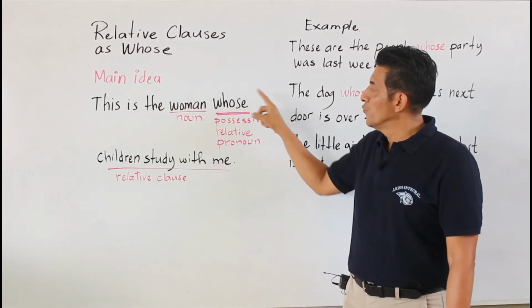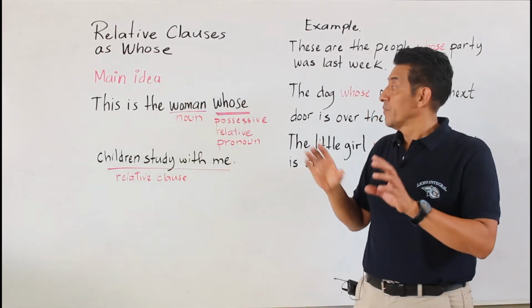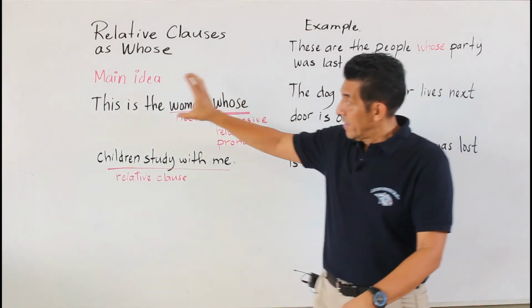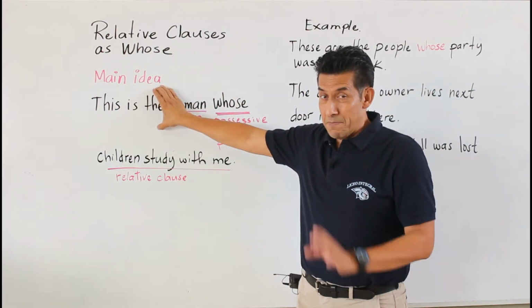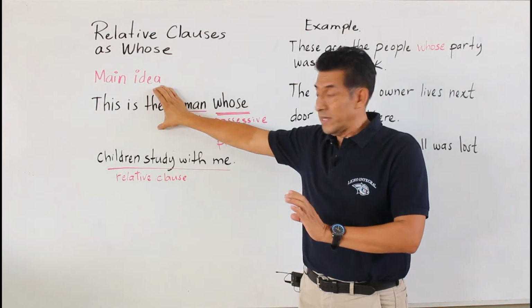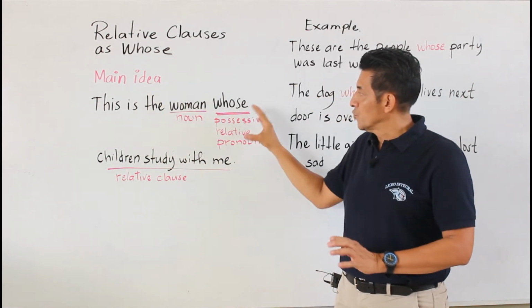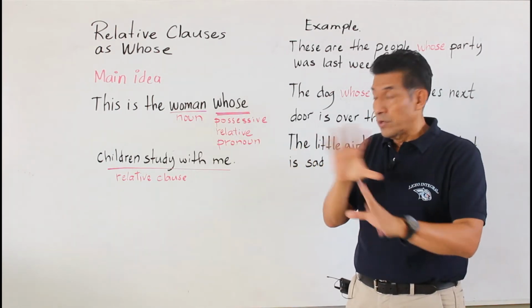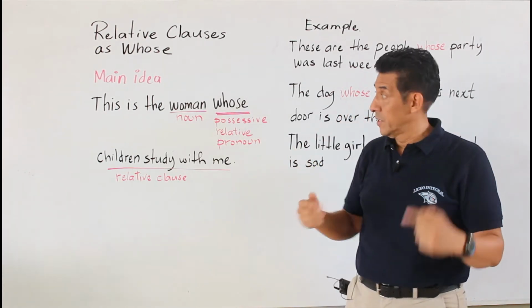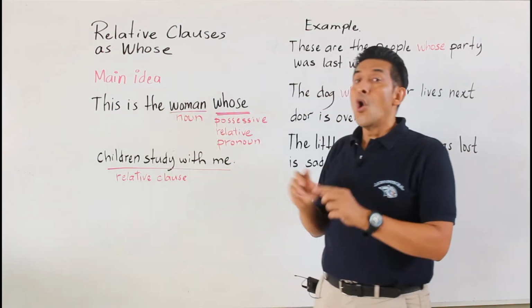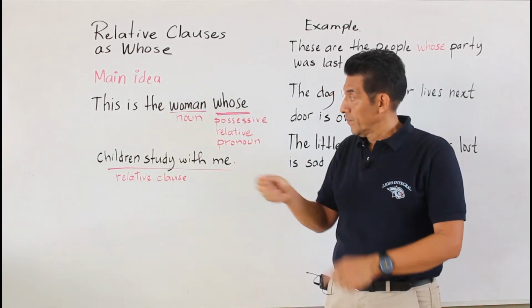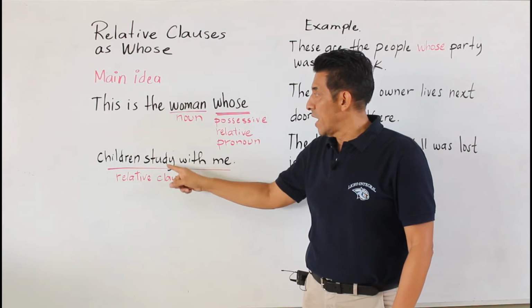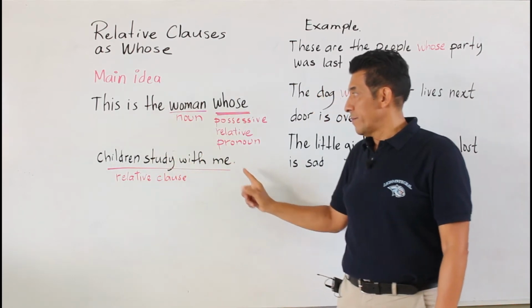So I have to use whose in order to connect this, which is the main clause or the main idea, with the relative clause. So whose is the one that connects the whole idea. So now let's read the whole sentence. This is the woman whose children study with me.